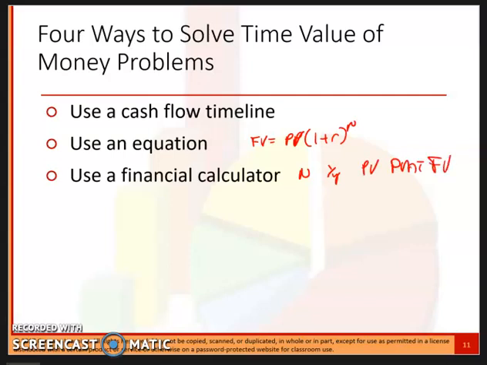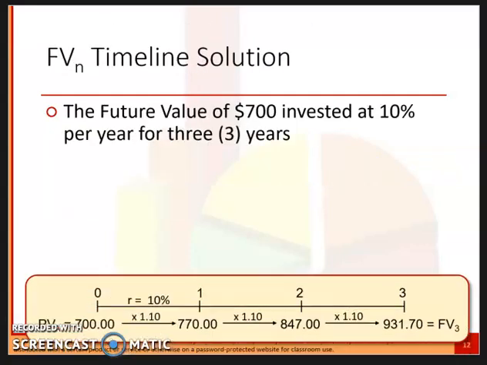Those are the 5 keys that are the third row down on your calculator. And finally, use a spreadsheet. We will not be using spreadsheets. The book does talk about spreadsheets. I encourage you to learn how to use spreadsheets. I wish we had more courses dealing with spreadsheets, but we currently do not.